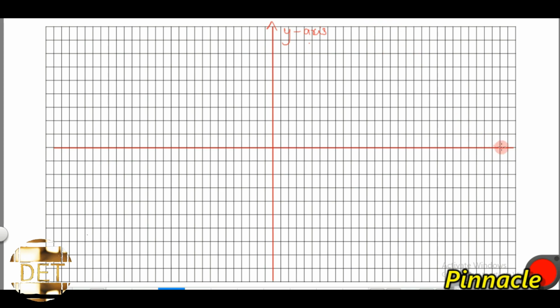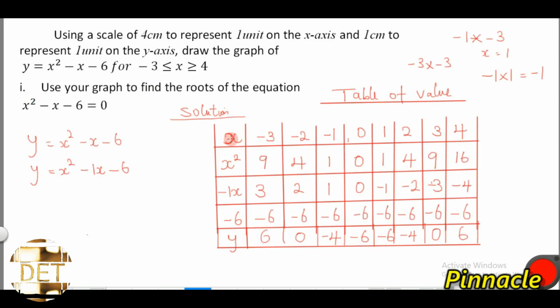So let's go back to our table of values. The question is, using a scale of 4 centimeters to represent 1 unit on the x-axis. So we're asked to use 4 centimeters to represent 1 unit on the x-axis.